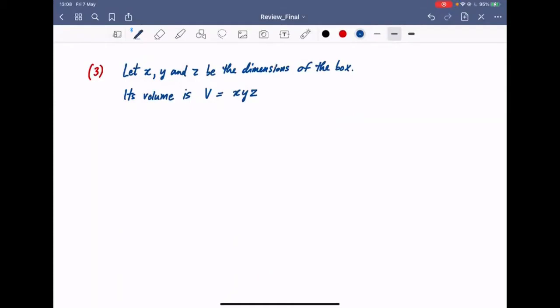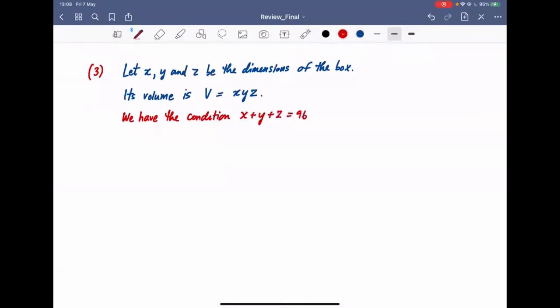But you can see that the function V is a function in 3 dimensions now because you have x, y, and z. Is there any way you can reduce it into 2 dimensions? The problem says we have the condition x plus y plus z equals 96, right?